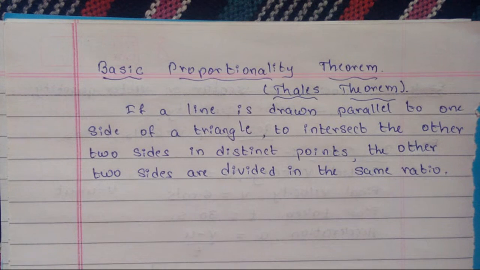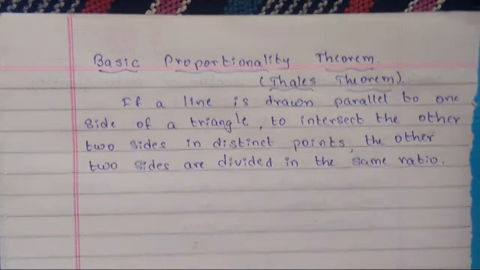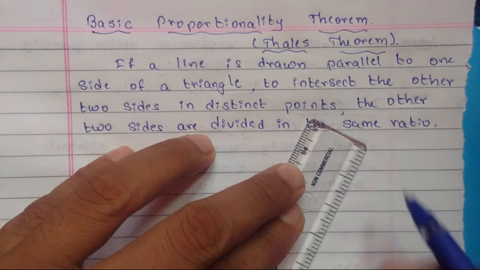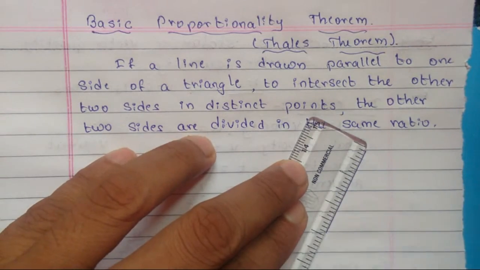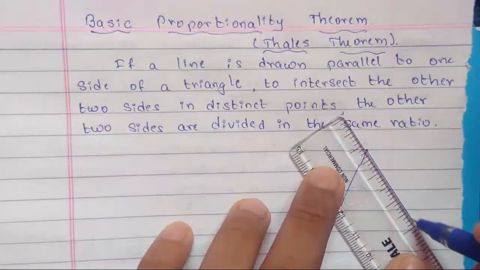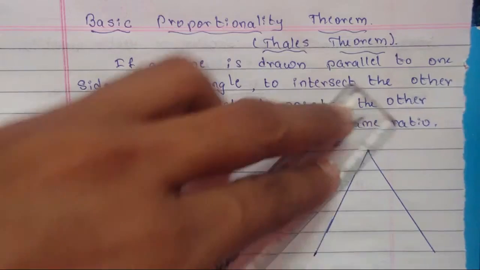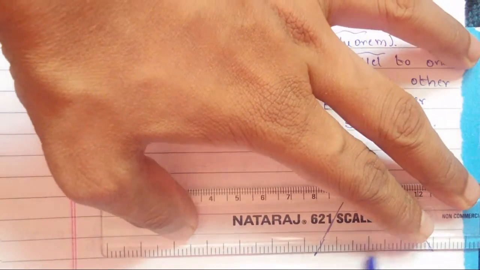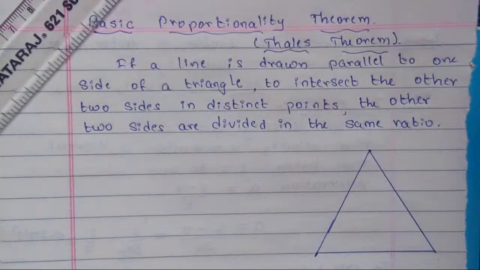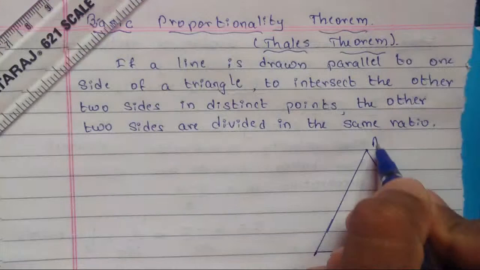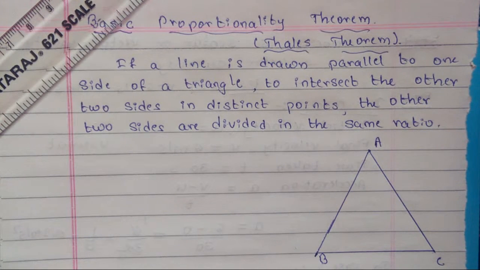Now to prove this, I will just draw one small figure. I will consider one triangle. This is the base of the triangle. I will call the endpoints A, B, C, that means the vertices. ABC is one triangle.